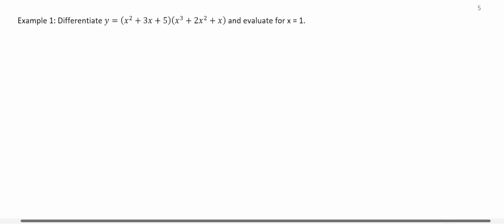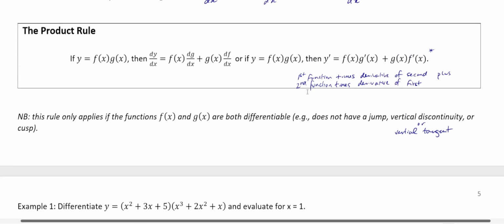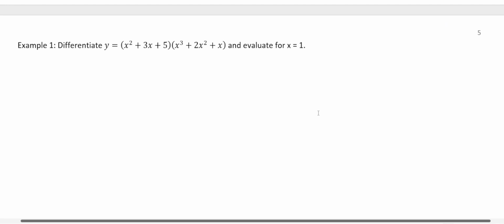This is perfect because this allows us to see the product rule in action. All that we looked at previously might seem very complex, like the first function times the derivative of the second plus the second function times the derivative of the first. Well, let's take a look at an example.